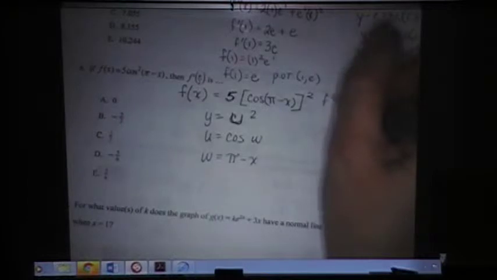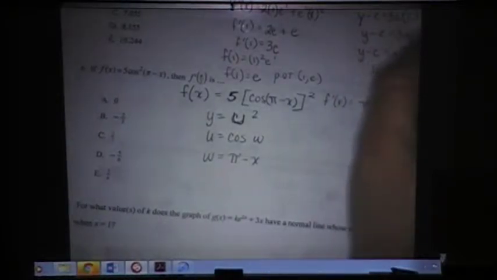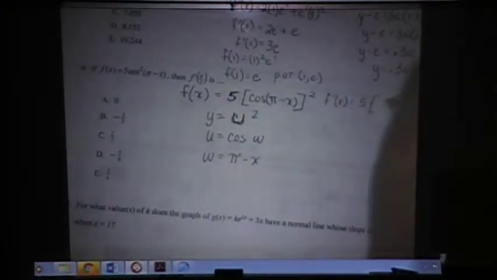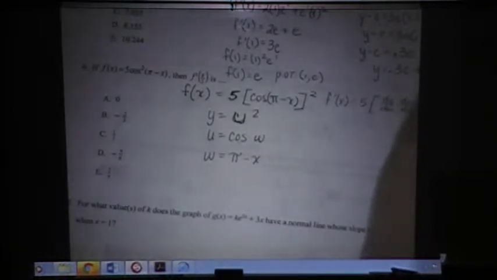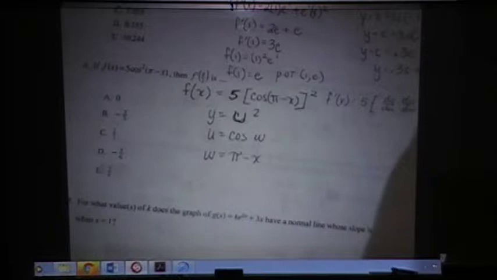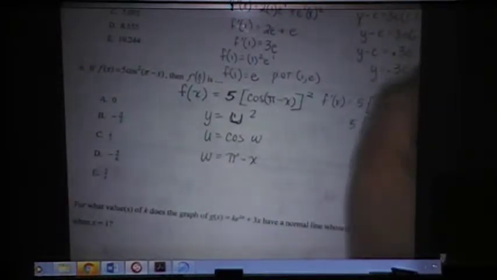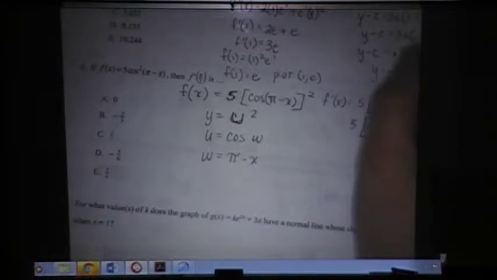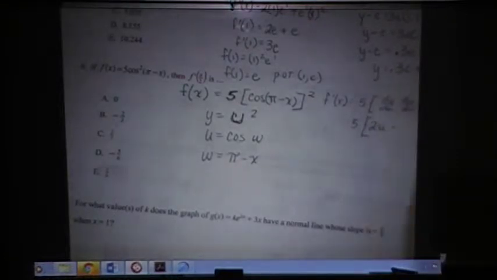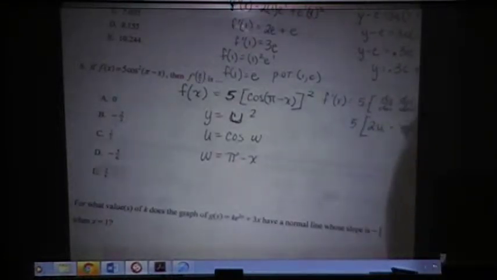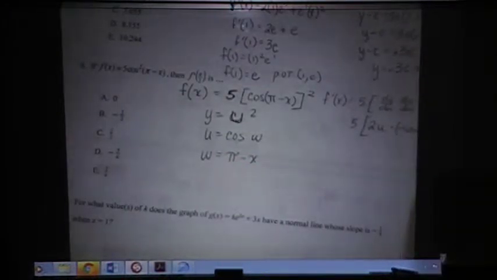So, my derivative at x is going to be 5, and then dy/du, du/dw, dw/dx. dy/du would be 2u, du/dw is negative sine w, and dw/dx is negative 1.